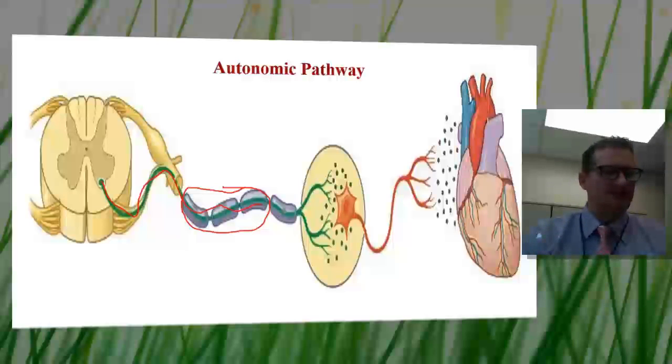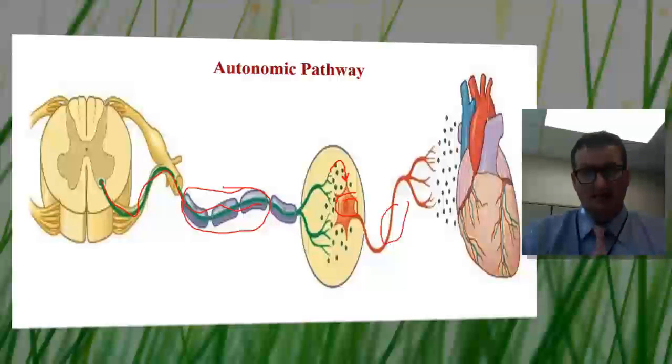In the ganglion, it synapses with a postganglionic neuron, which is here, this guy. The neurotransmitter acetylcholine is released, and that's how the signal goes from preganglionic synaptic knob to postganglionic dendrite here. The axon of the postganglionic neuron, and note that this is unmyelinated, extends to the target organ, and it's unmyelinated because speed is not as important.